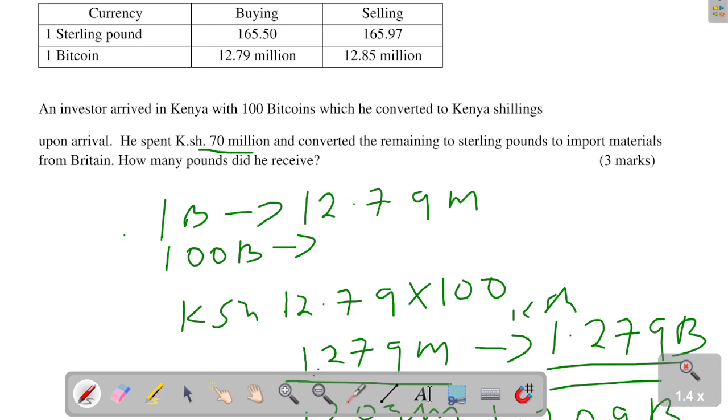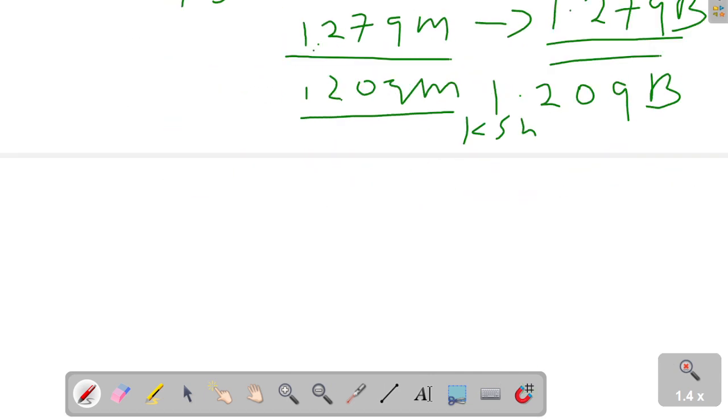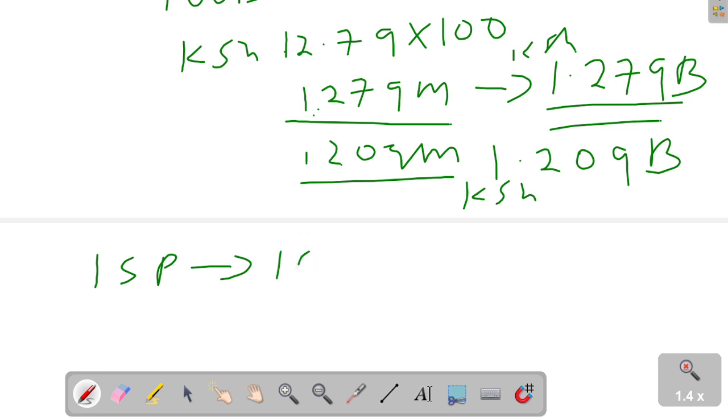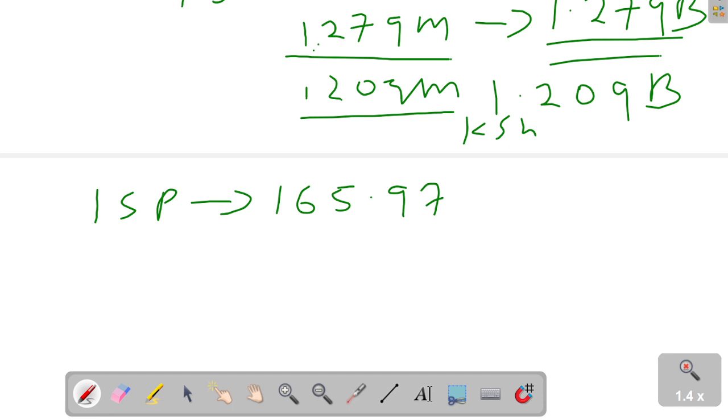Then the rate of conversion here now is 1 sterling pound will be sold at 165.97 Kenyan shillings. So one sterling pound is being sold at 165.97. But now what about the 1.209 billion? I didn't want to write those very many zeros, that's why I have been trying to cut it short that way.